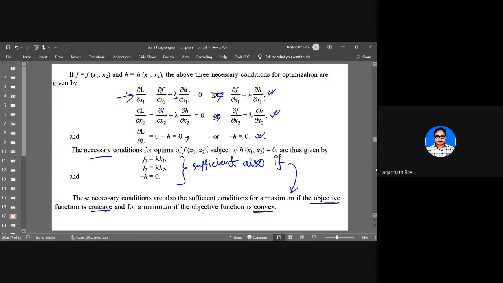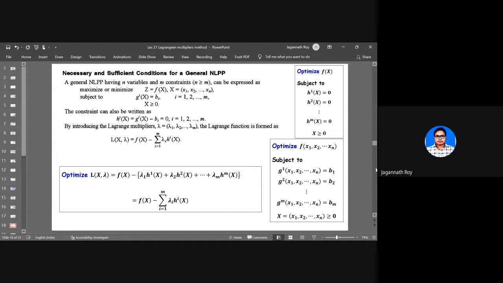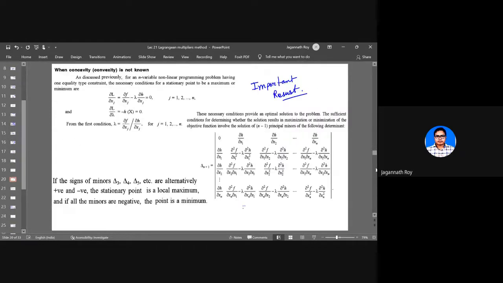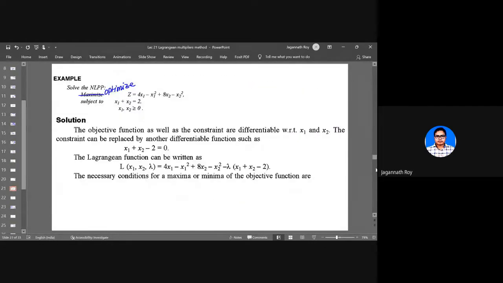Now let us see one example and then we'll look at other things. So for example, this is our f of x, this is our g of x equals to 2. So we have to make it h of x equals to g of x minus 2 equals to 0, because the right hand side should be 0.